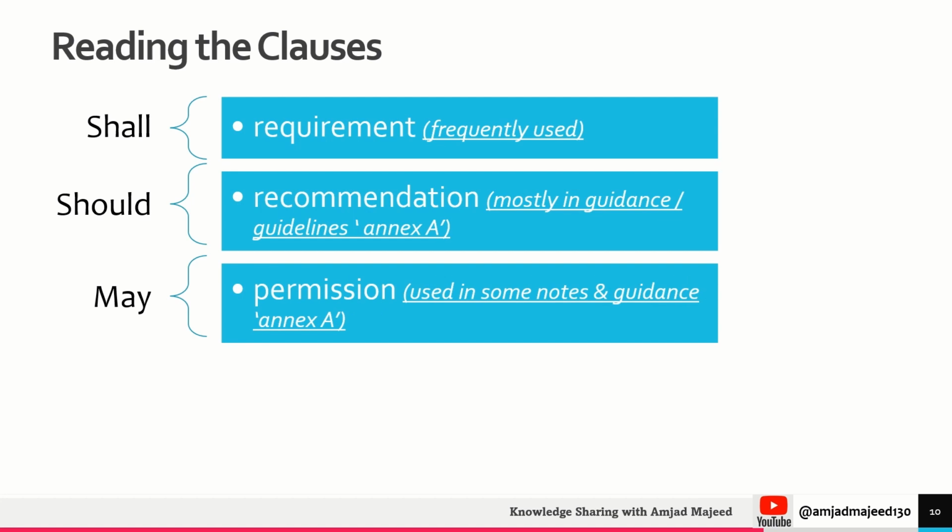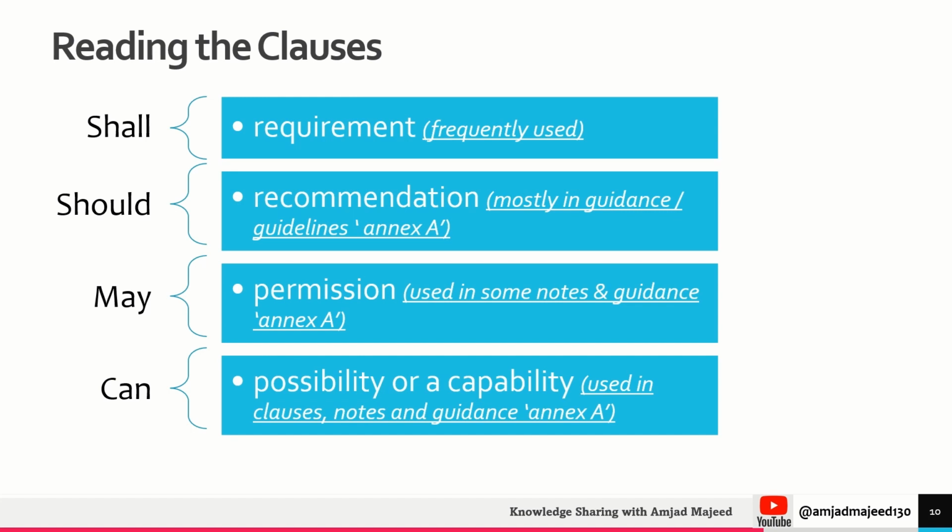Then wherever may is used, it means there is a permission. The standard is permitting the way you want to do it. So most of the time you will find may in notes of the standard clauses, and you will find that in Annex A as well.